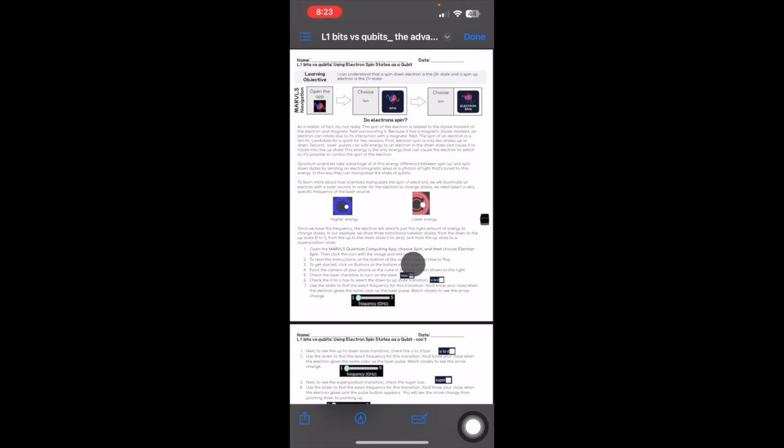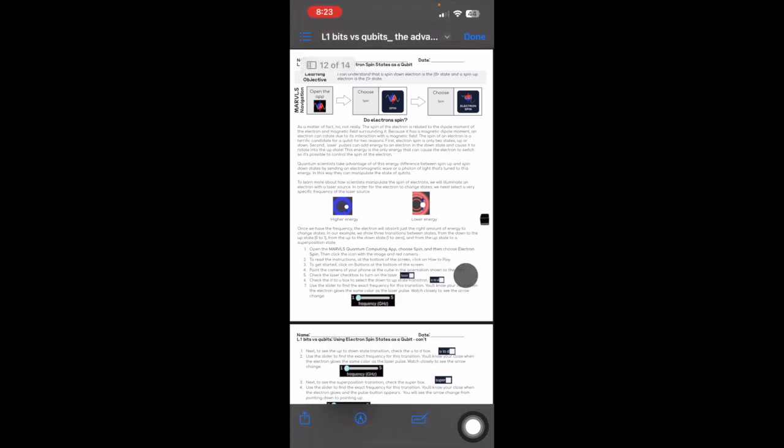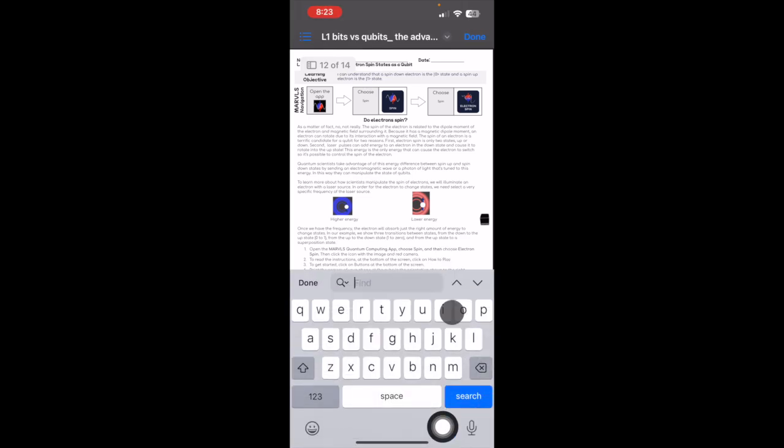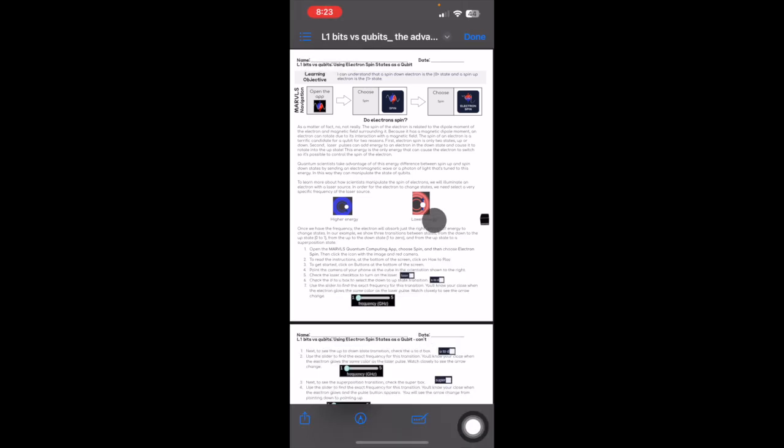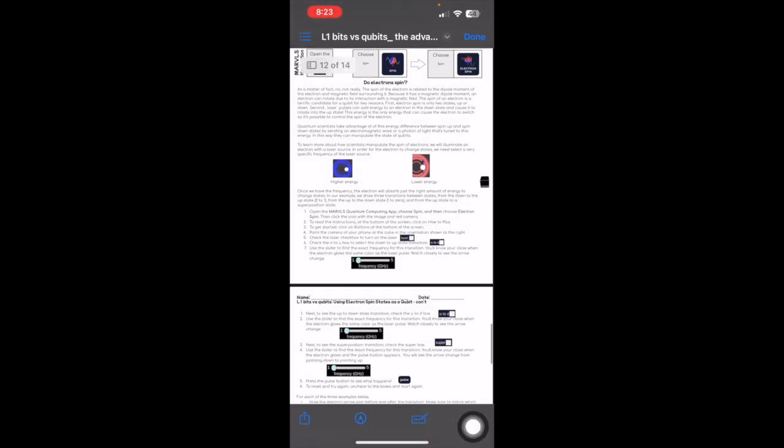And we also are going to show that not only can we go from up to down using the very specific frequency, we also are going to show how we can use frequency and the pulsing of the laser to put it into a superposition state. So that's what these 2 pages for this lesson show us.